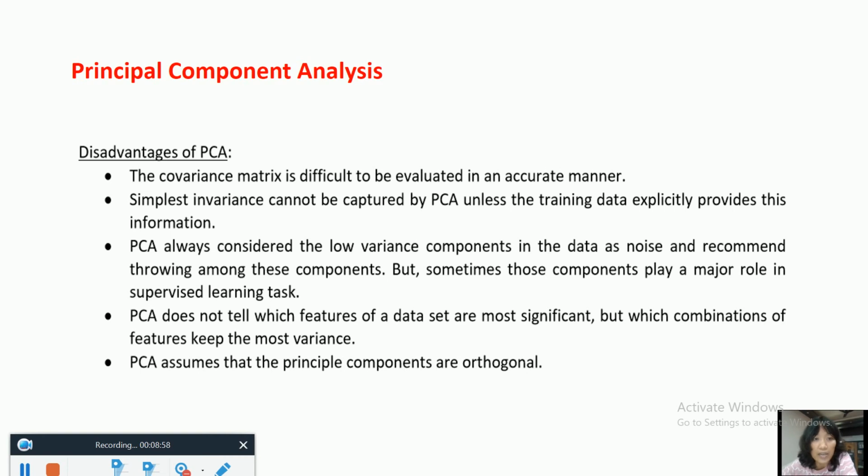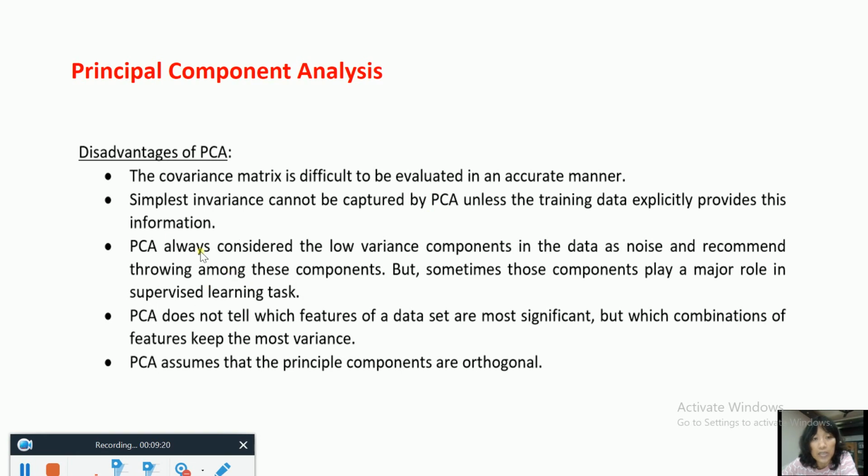The second disadvantage is that simple invariances cannot be captured by PCA. The training data must explicitly provide the solution; only then can we capture the PCA values.